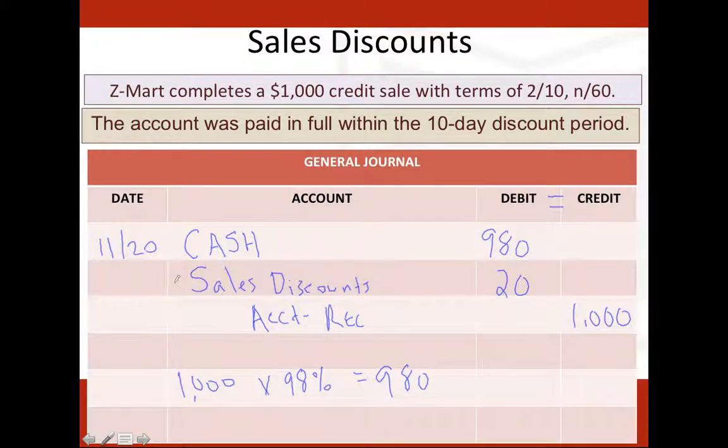So we actually have a new account here to keep track of all the discounts that we're given. And that is always going to be a debit. I can't think of very many circumstances where you'll have a credit to that account in Principles of Accounting. So that's how we handle a sales discount when we collect the cash and they've paid within that discount period.